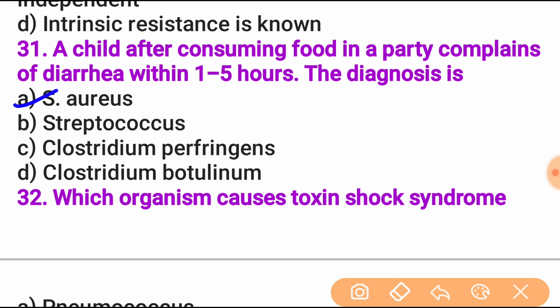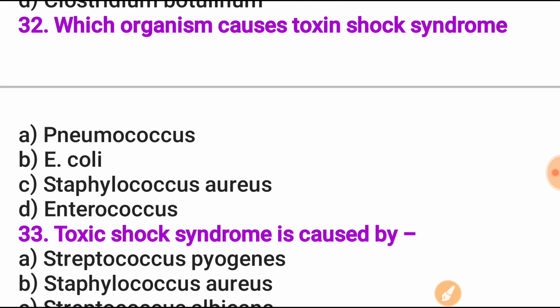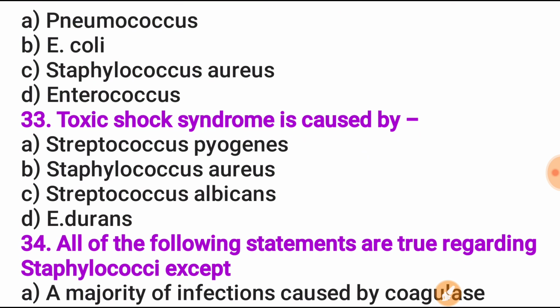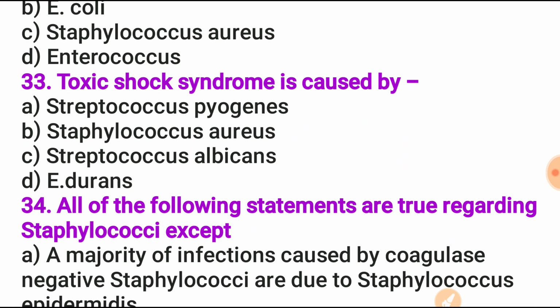Next: which organism causes toxic shock syndrome: pneumococcus, E. coli, Staphylococcus aureus, or enterococcus. This is an easy question, so Staph aureus is the correct answer. Next: toxic shock syndrome is caused by Streptococcus pyogenes, Staphylococcus aureus, Streptococcus albicans, or enterococcus.